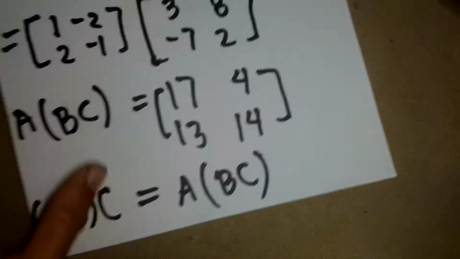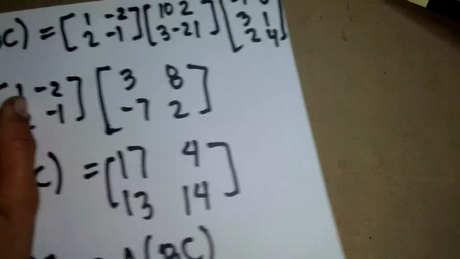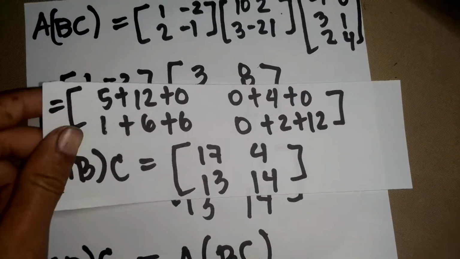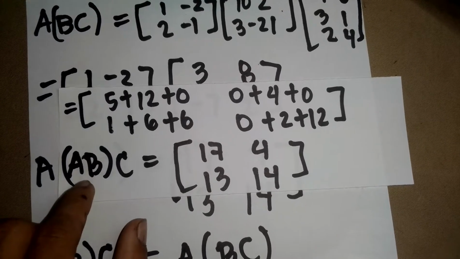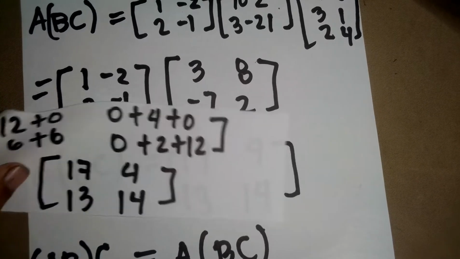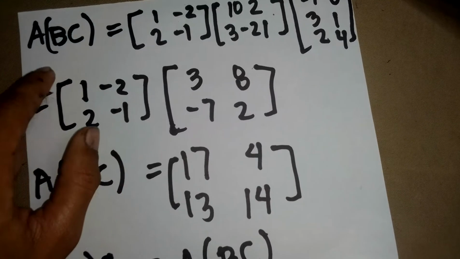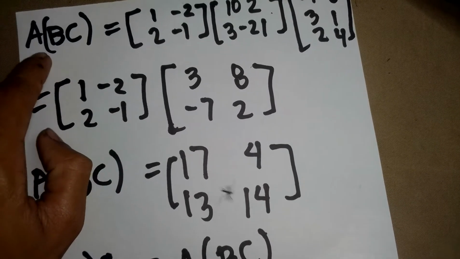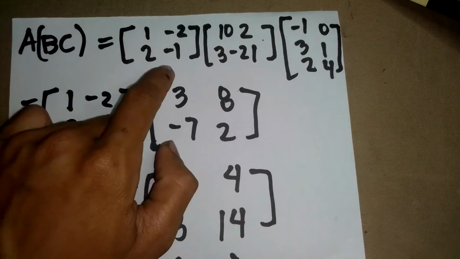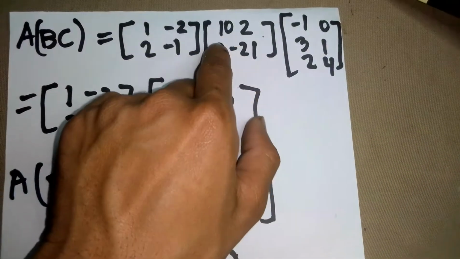For the second example, we get the value of quantity AB multiplied by C, and the value of A multiplied by the quantity of B and C. The value of matrix A is 1, negative 2, 2, negative 1, 2.